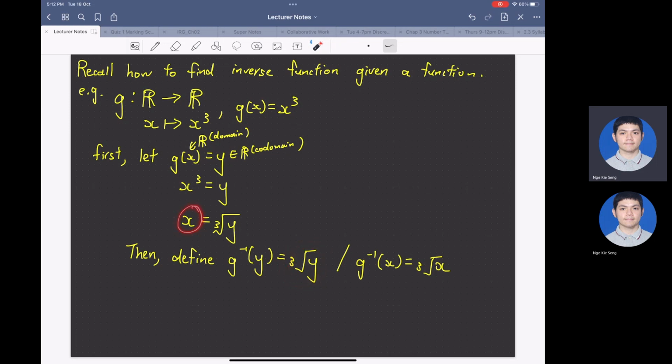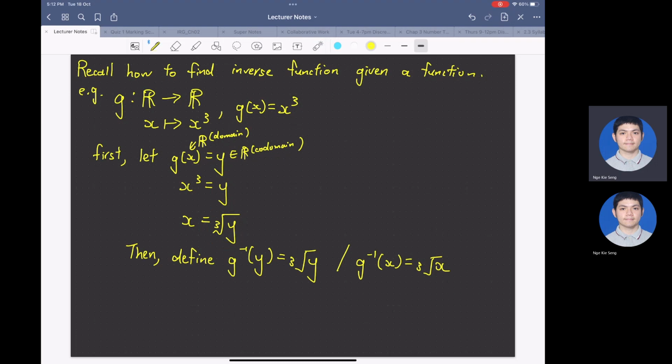Because we found the pre-image of y. So g inverse is defined as the pre-image. This x is the pre-image of y.